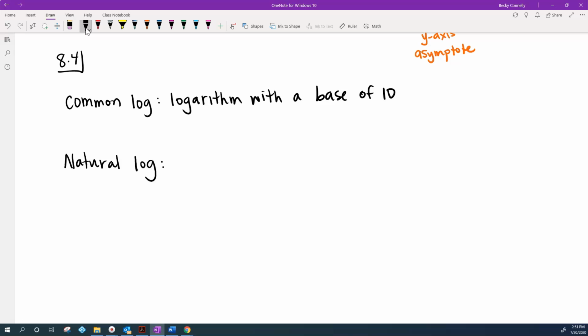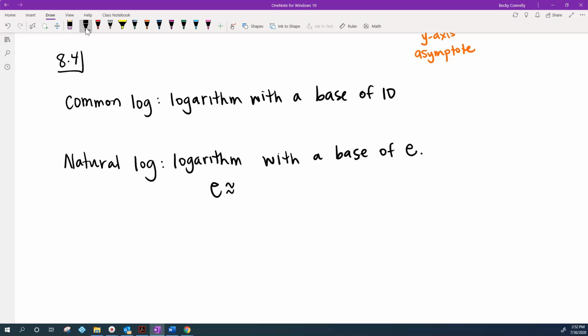Where a natural log is a logarithm with a base of e. Now some people are like, what? Now this e is not a variable. You know how pi has a representation of what it is?